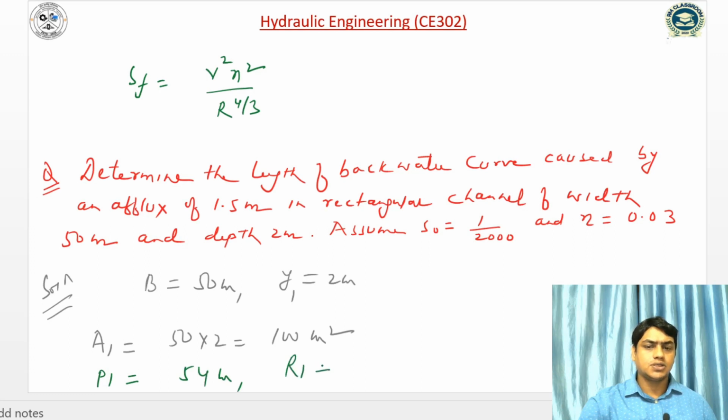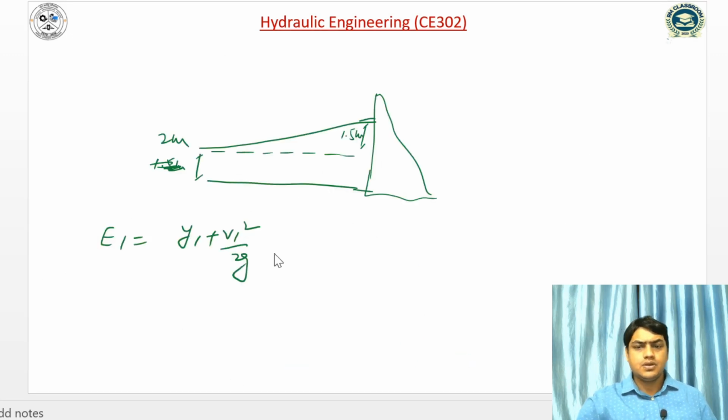So hydraulic radius is A1 by P1, 100 by 54, so it will be 1.85 meter.